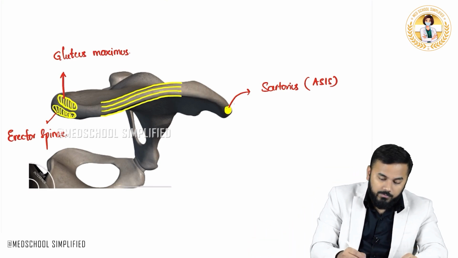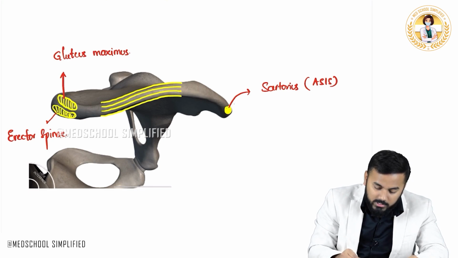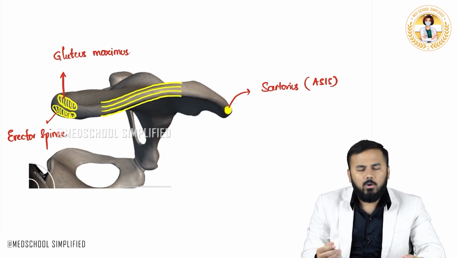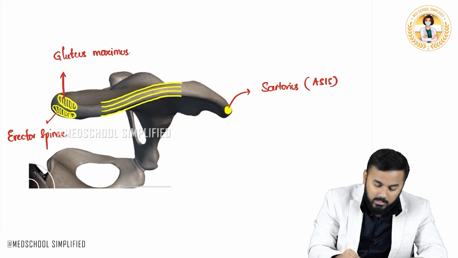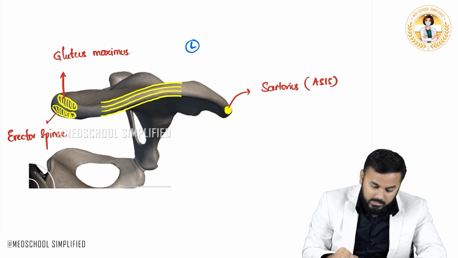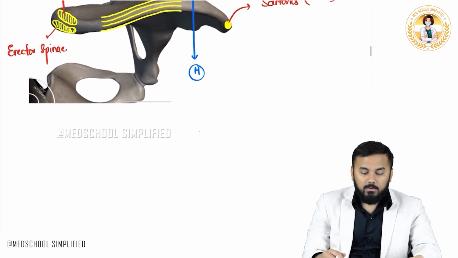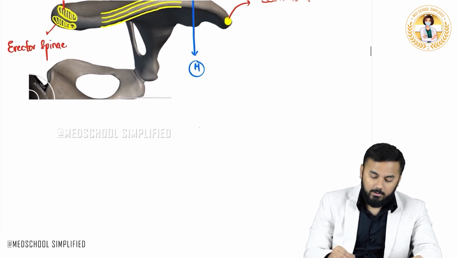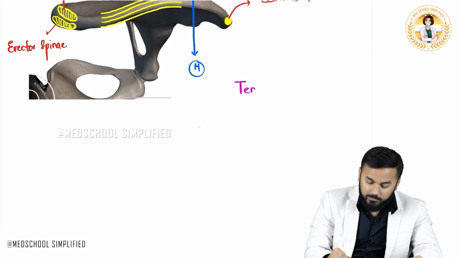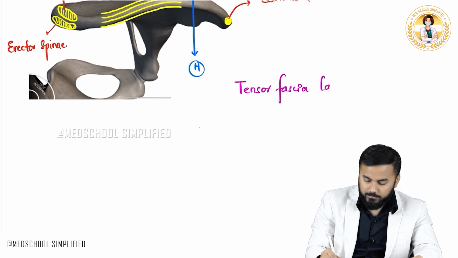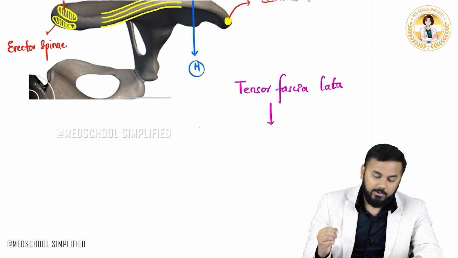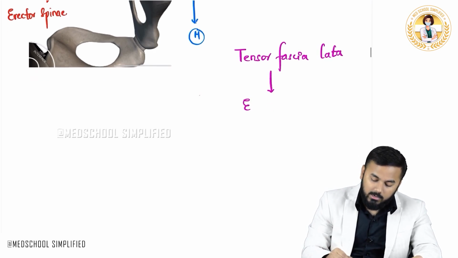So here also this would be the outer surface and this is the inner surface, or you can also call the outer surface the lateral and the inner surface the medial. From lateral to medial, first it would be tensor fascia lata. After tensor fascia lata, you have the external oblique muscle.